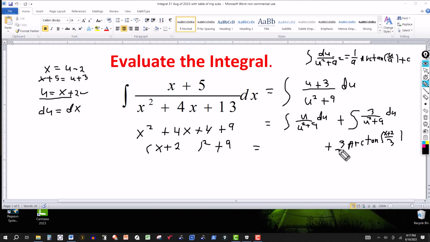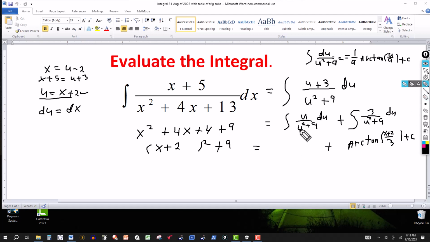And then we divide the coefficient here by 3, or a. So this will be a 3 here. Got a constant of integration over here. And then 3 divided by 3 is 1. So these cancel out. So the second integral is arctangent of x plus 2 over 3. And I've got the constant of integration.